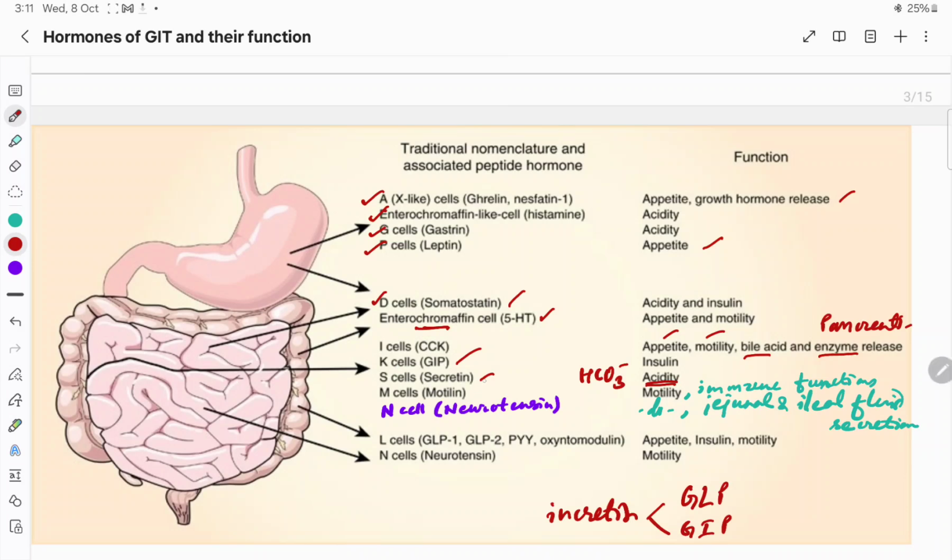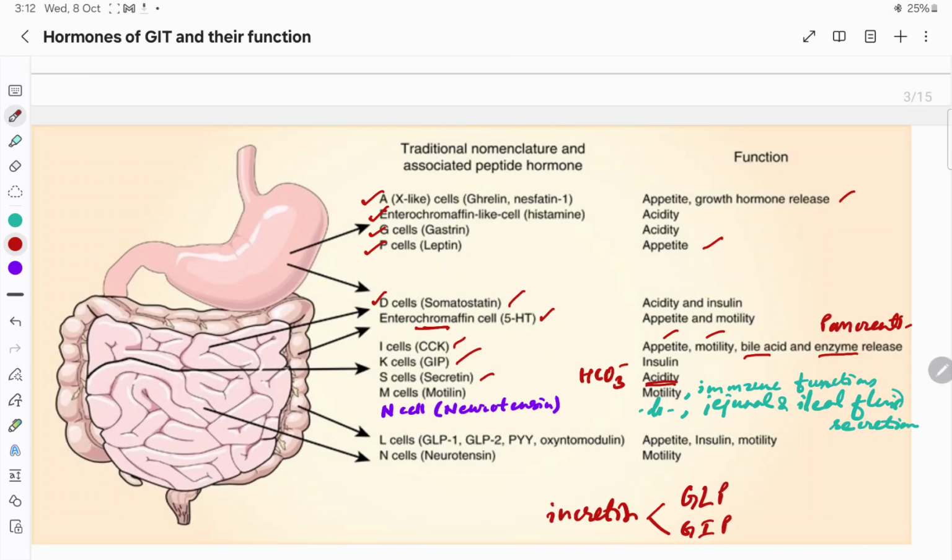So S cells are present in the duodenum, I cells are present in the duodenum, K cells are present in the duodenum and jejunum, and then in the ileum the L cells and N cells are there.